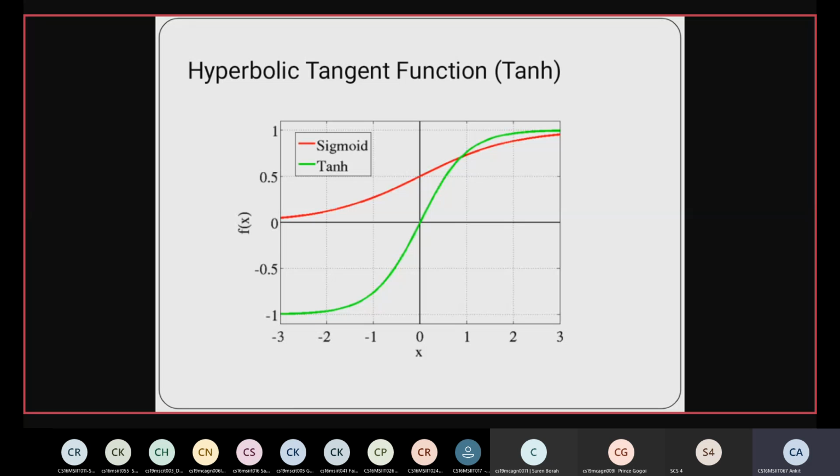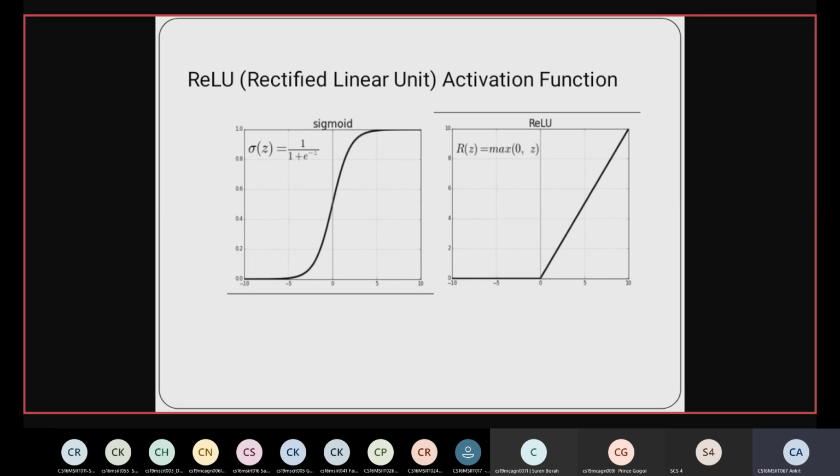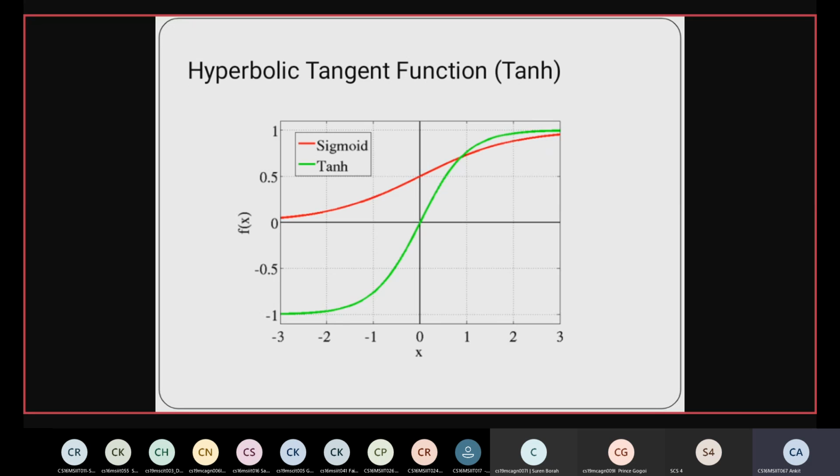The negative input will be mapped, and the function is monotonic, while its derivative is non-monotonic. One more advantage is that it is zero centered. That makes it easier to model inputs that are strongly negative, neutral, and strongly positive. We can quickly derive the tangent, whose derivatives are larger than the derivatives of the sigmoid, and it can also minimize the cost function.